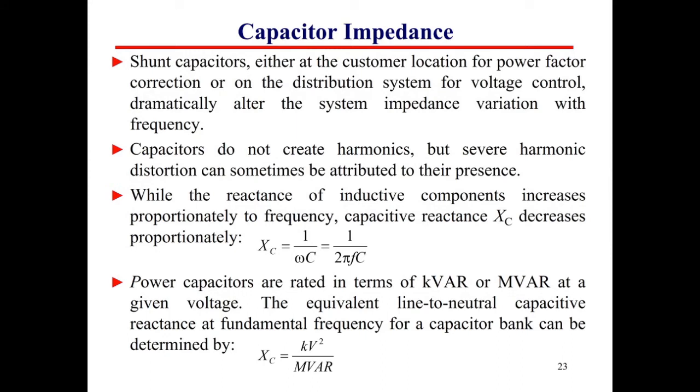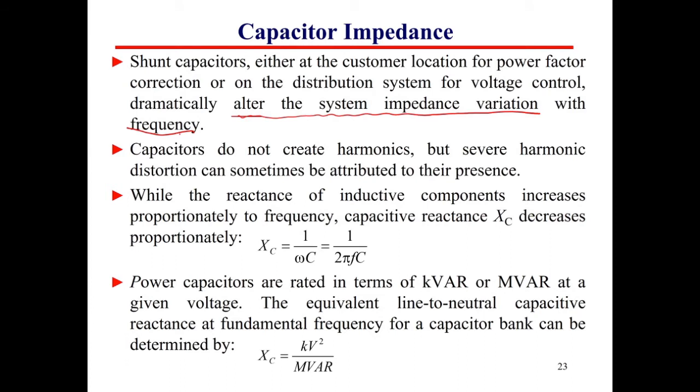Shunt capacitors, either at the customer location for power factor correction or on the distribution system for voltage control, dramatically alter the system impedance. So the capacitor bank will change the system impedance variation with the frequency.